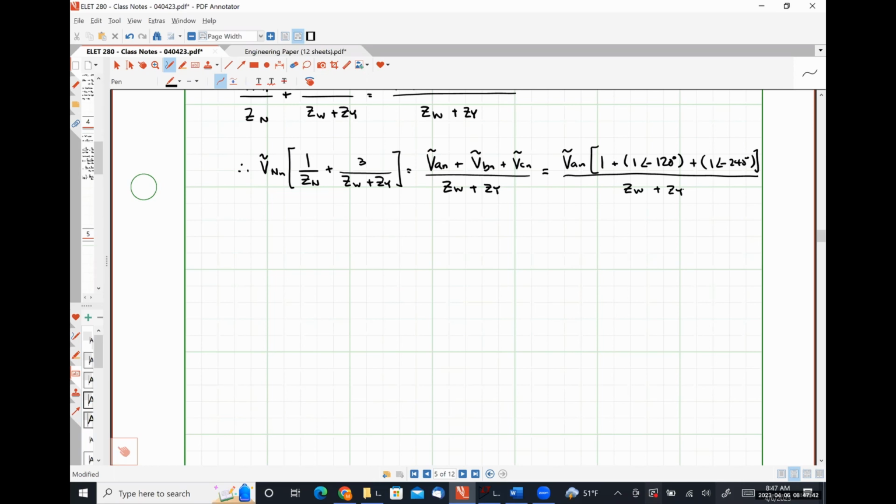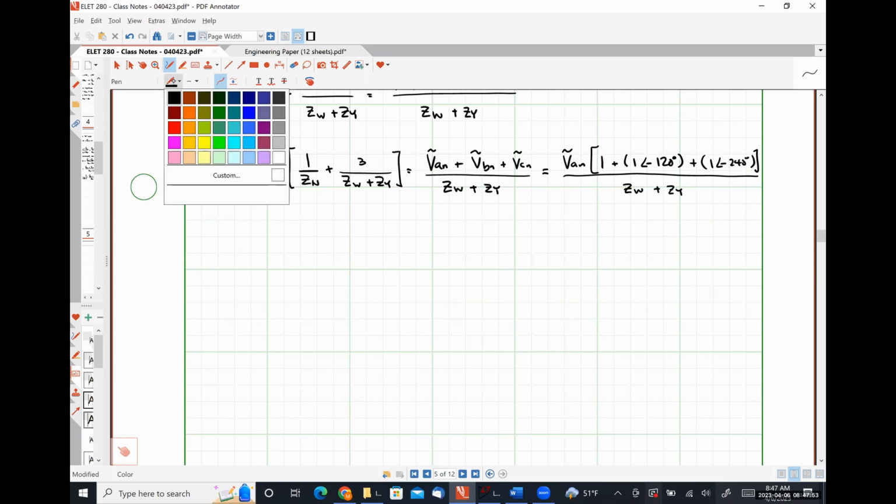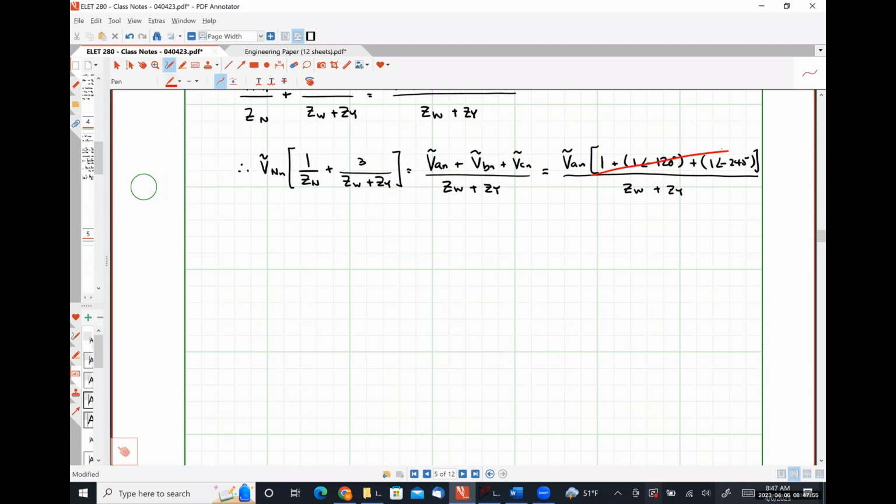Do the math. Zero. When I add these three voltages together, it comes out to be zero.